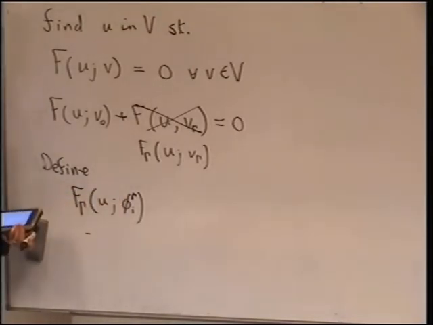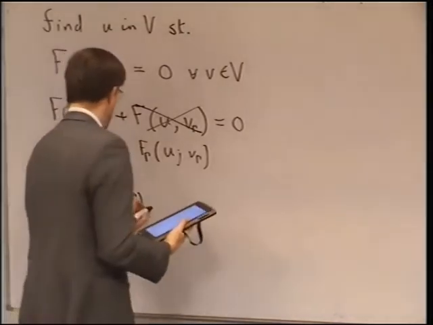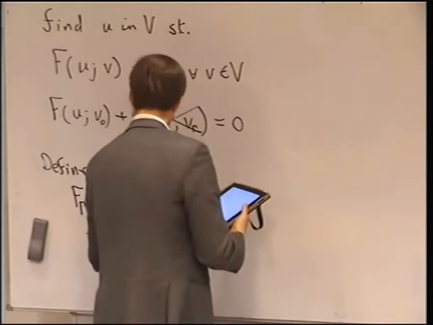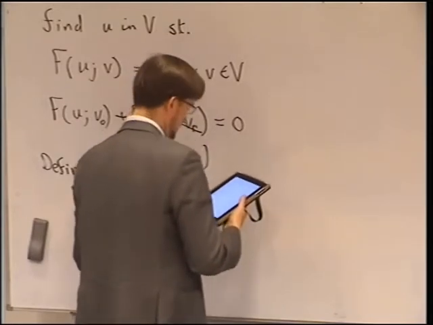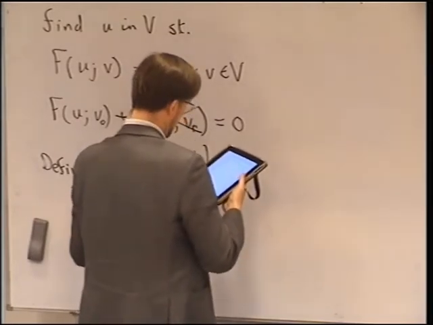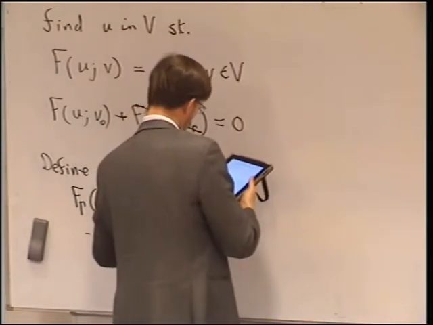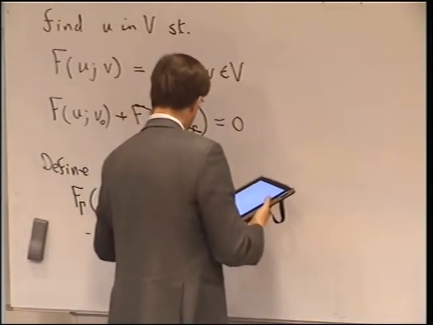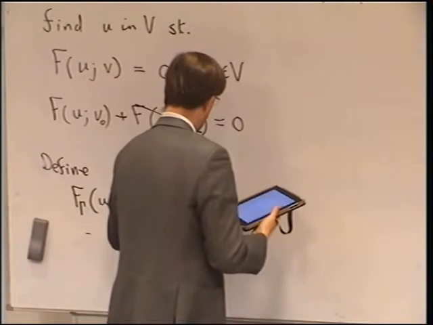You could define it extended everywhere if you really wanted to, because we're only ever going to apply it in the cases on the gamma, so we don't care. And so we're going to say that that is equal to u_i minus g_i.